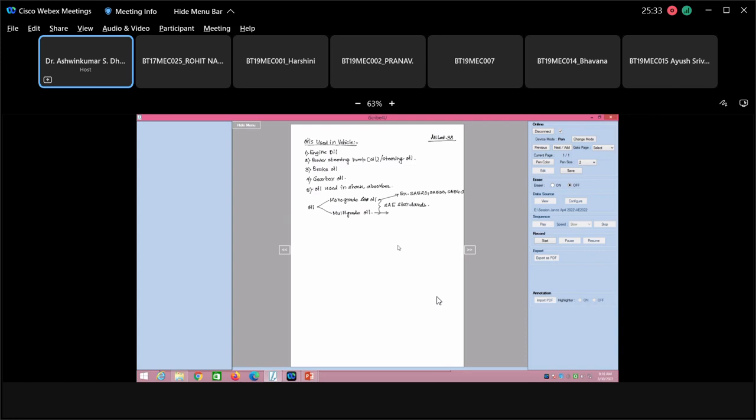Now for multigrade oil, examples are SAE 20W40, SAE 30W40, and so on. So what is the difference between these? First of all, what do the numbers SAE 20 and SAE 40 indicate?